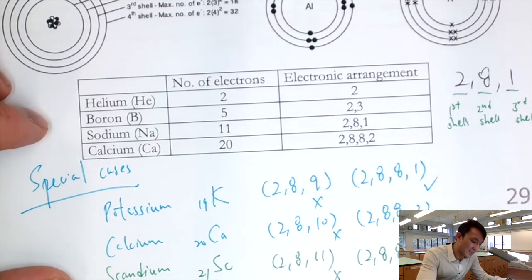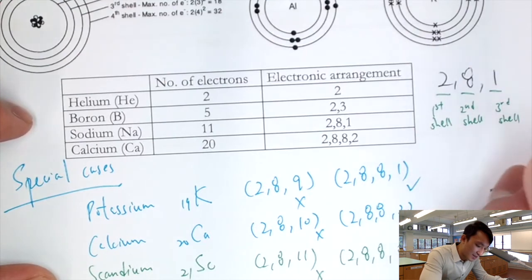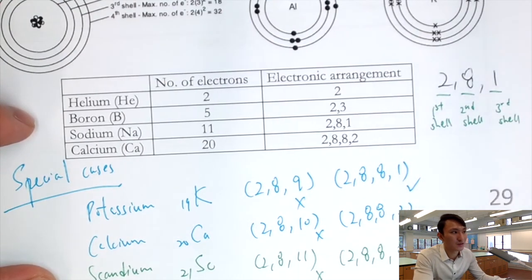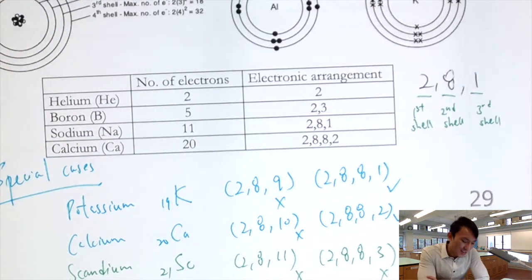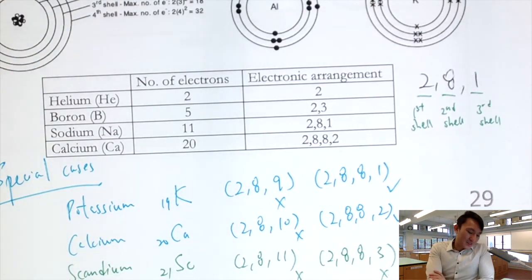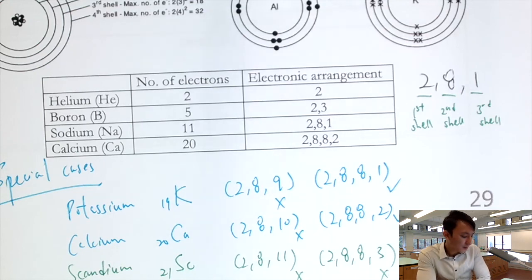It turns out that it is 2, 8, 9, 2. This is correct. Mind blown, right? You don't have to know why. It just happens to be like this. If you really want to know why, you can ask me later. It's talking about something called orbitals, subshells, something like that. Okay? So that's the idea.